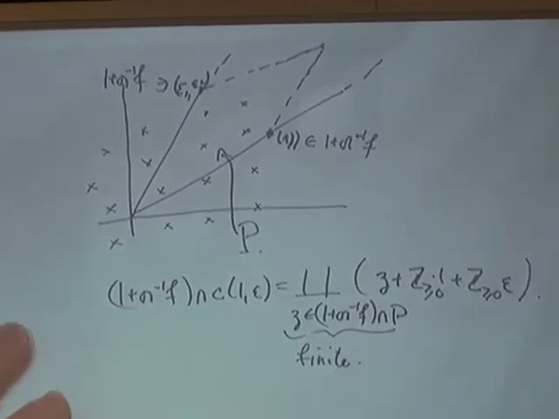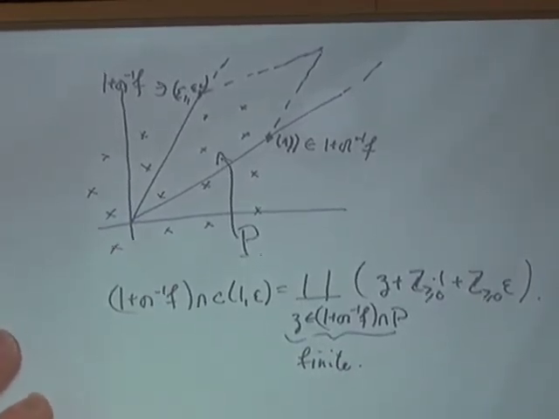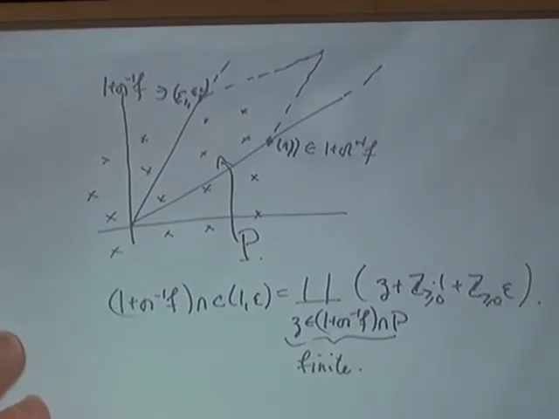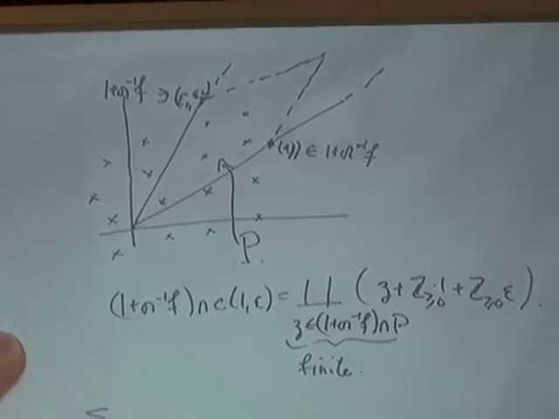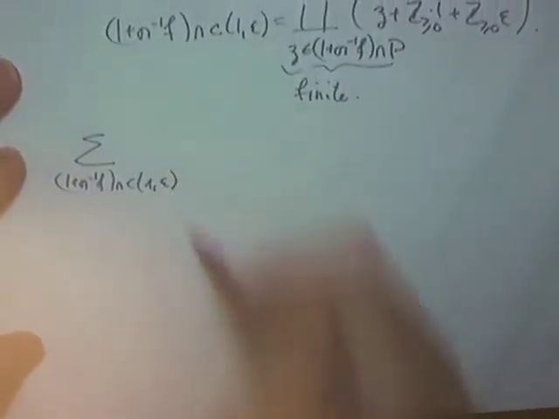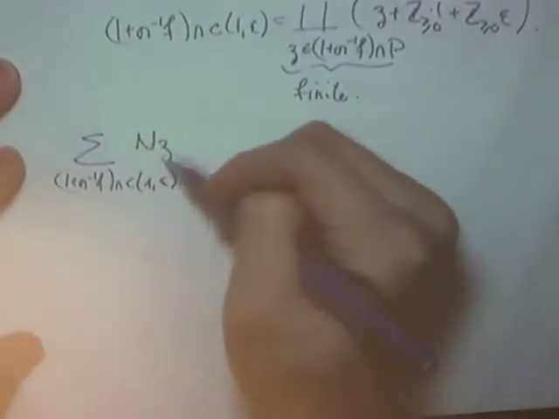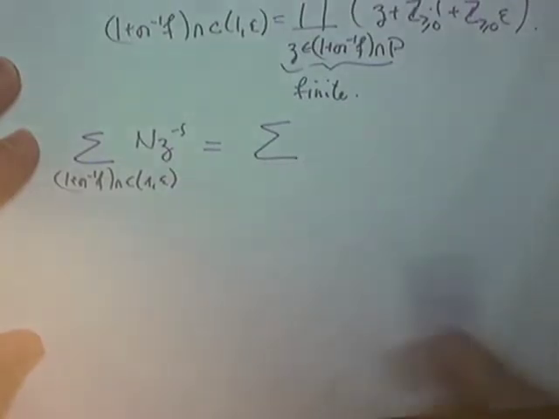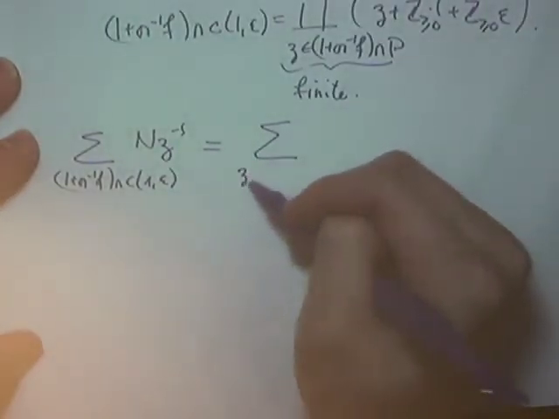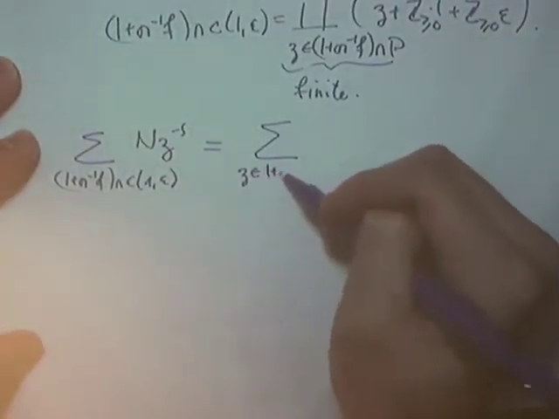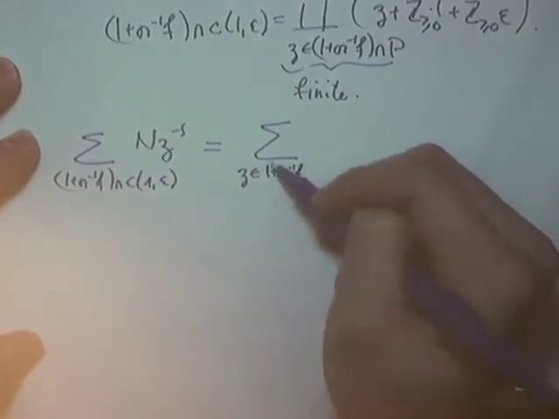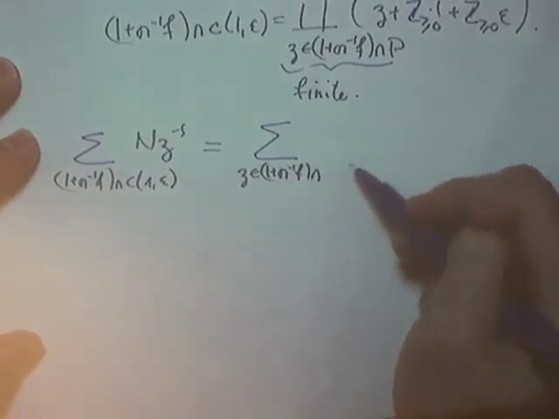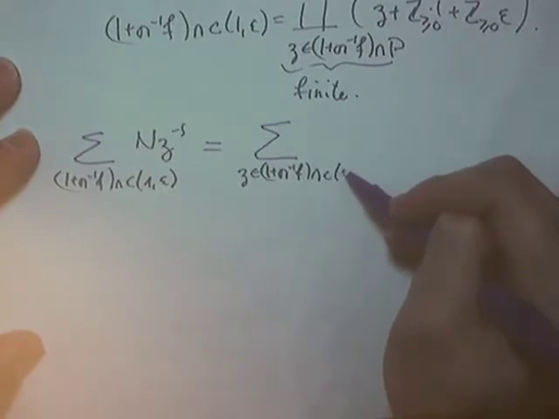And breaking up my zeta function accordingly, what I get is that the sum over 1 plus A inverse F intersect C of 1 epsilon of N of z to the minus s is going to be the sum over, again, z in 1 plus A inverse F, now intersect C of 1 epsilon.